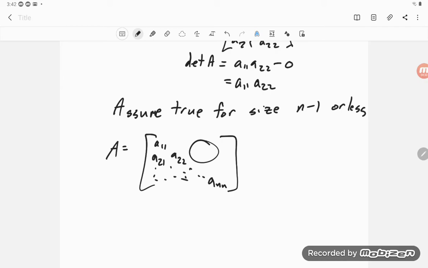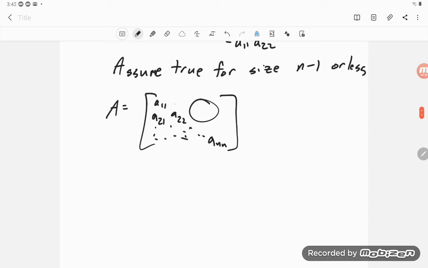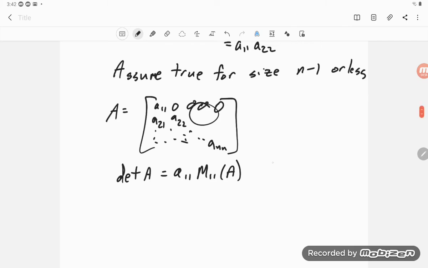But then what we know is, in this case, since these are all zeros up here, when we take the determinant of A, that's A11 times the minor M11 of A. And that's it, because everything else will be zeros, right? So that would be minus 0 times M12 of A, and so forth, all zeros.